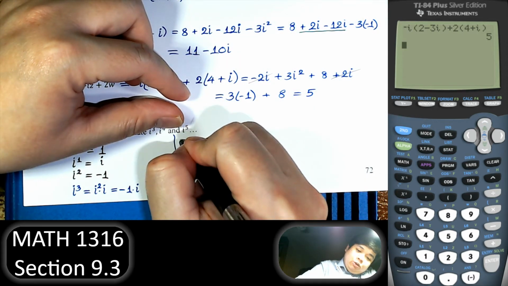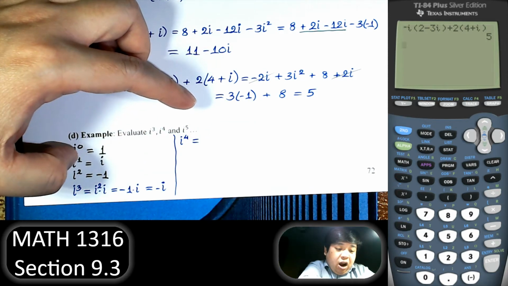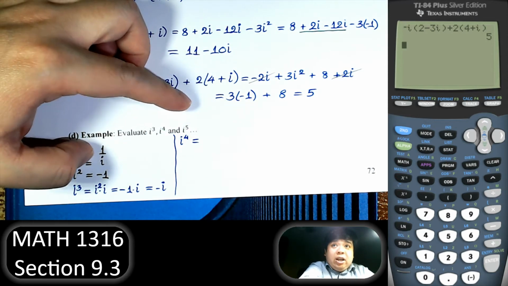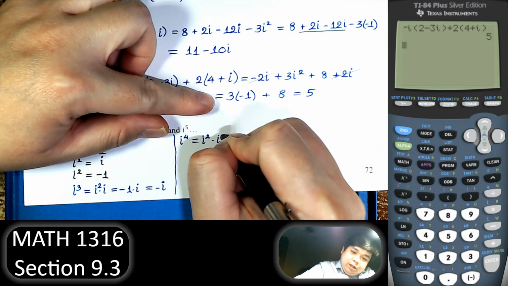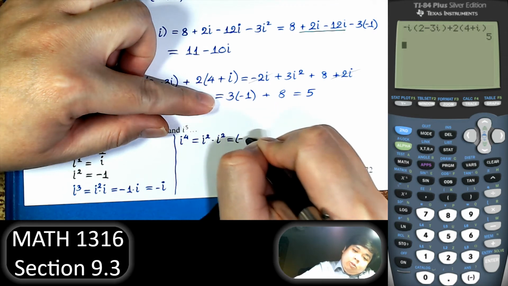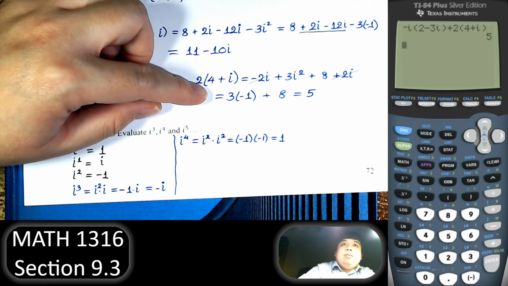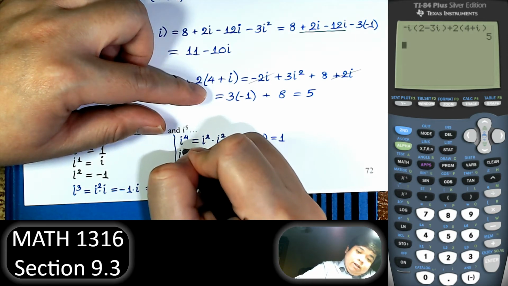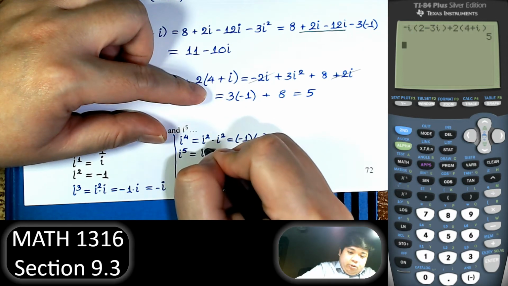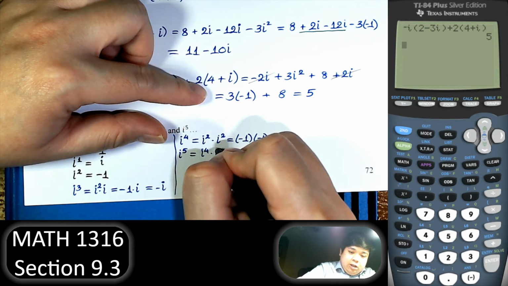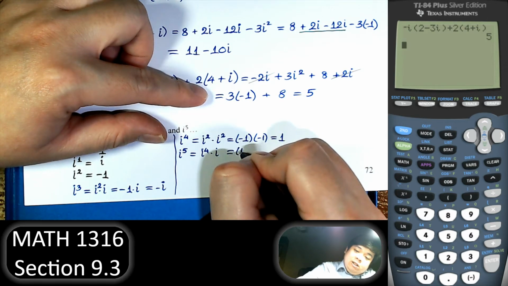How about i to the 4th power? We can just take i times i cubed, or i squared times i squared. So negative 1 times negative 1 is 1. i to the 5th we can write as i to the 4th times i. i to the 4th power is 1, we just did, times i.